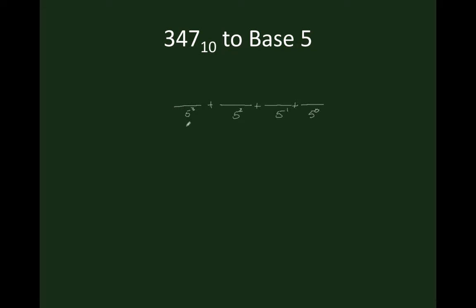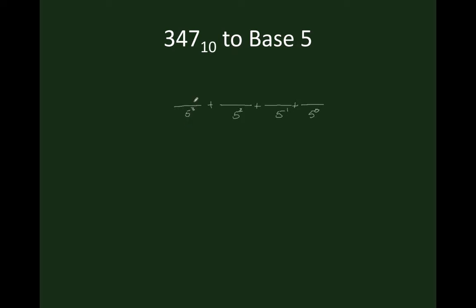So I want to think now in terms of 125s. How many 125s fit into 347? Well, certainly 125 does. If I added another 125, that would be 250. And if I added another, that would be 250 plus 125, which is 375. That's too big.